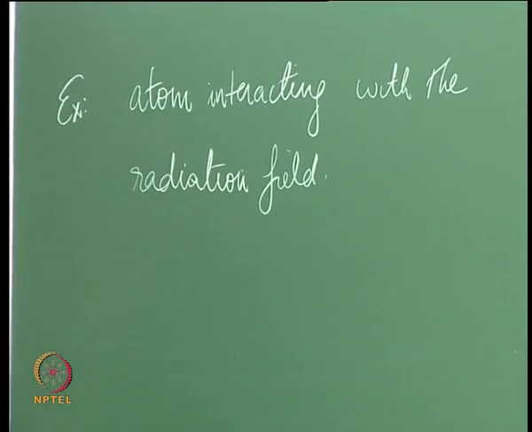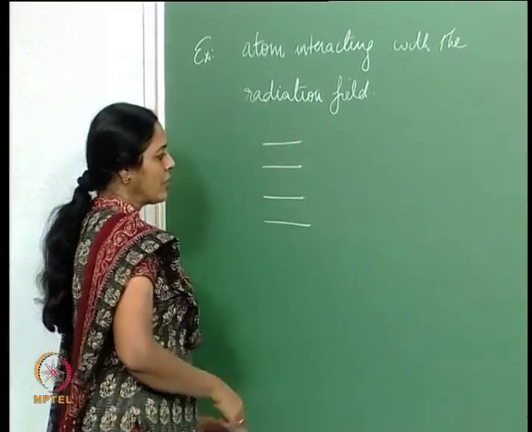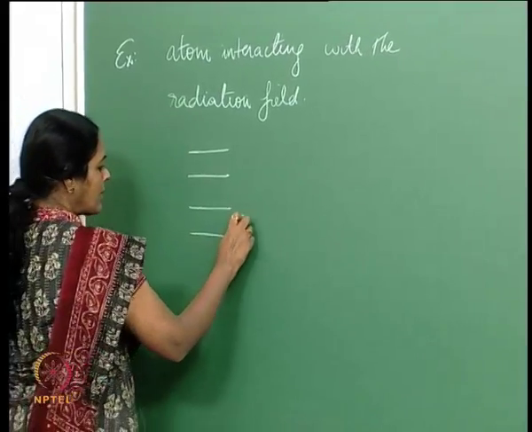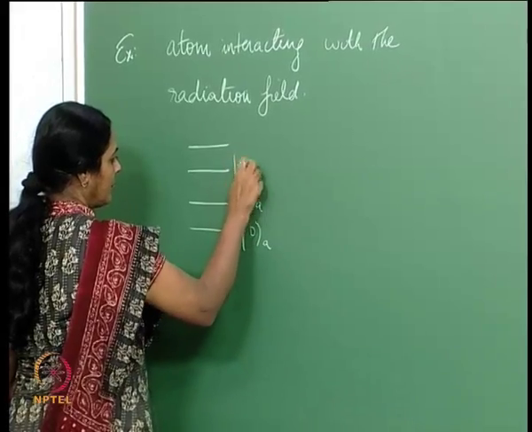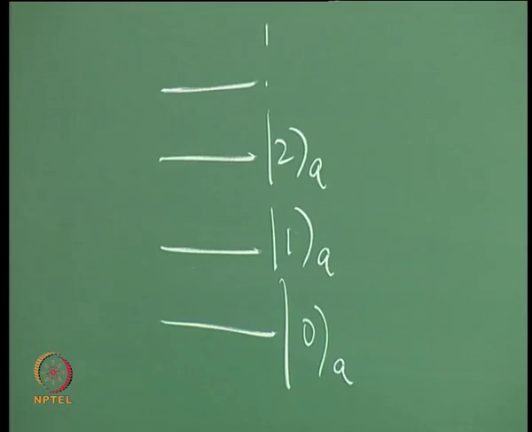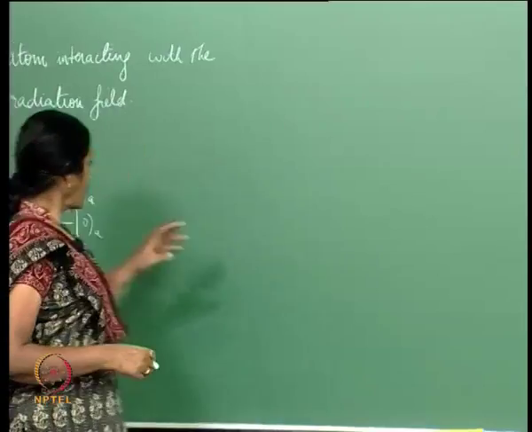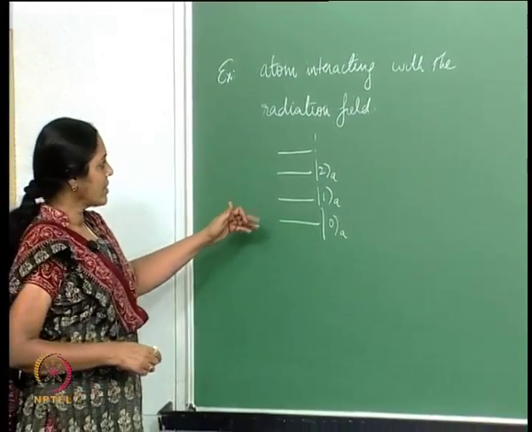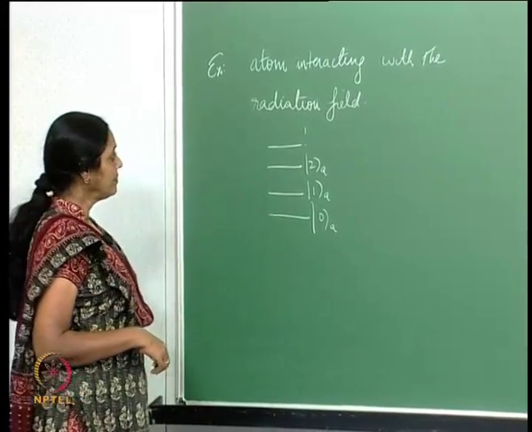The atom has discrete levels, could be a 2-level atom, 3-level atom, anything, but these are the atomic levels. I am looking at a situation where not only is the atom a quantum object with discrete energy levels, but the radiation field is also quantized.